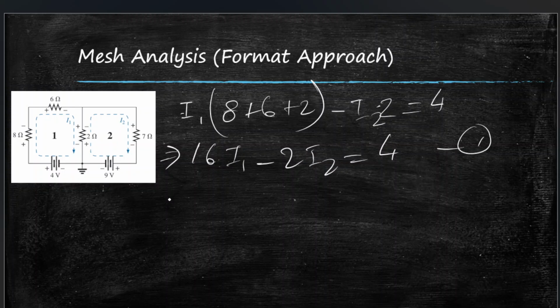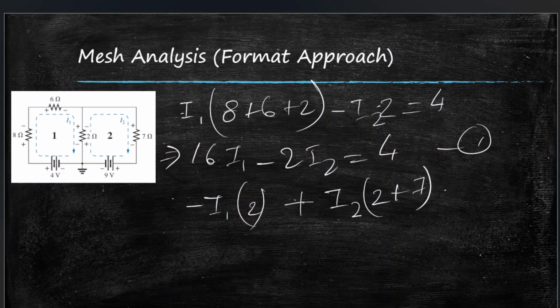Now equation 2 will be, again we write minus I1 and just 2. We didn't need that bracket, but it is what it is. Then plus I2 times 2 plus 7, all the resistors, equal to all the voltage sources, which is 9 volt, there's only one, and it will be negative because entering through the positive side, so minus 9.